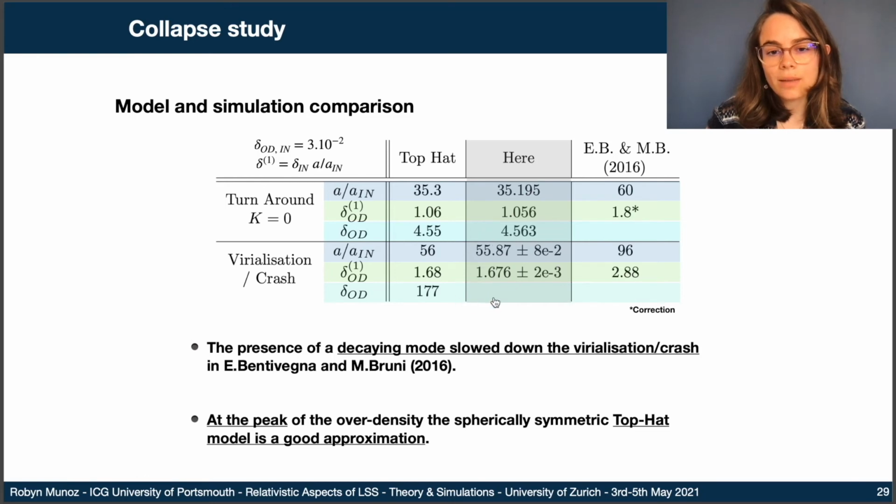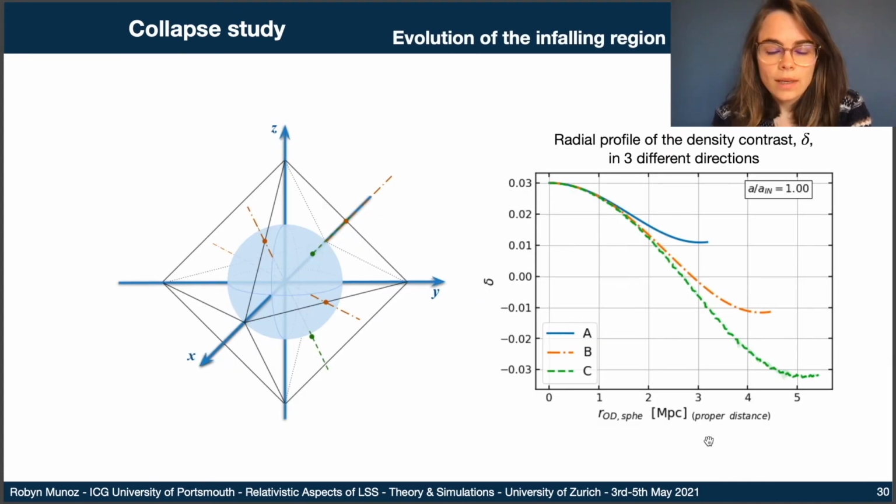We can't say about the collapse, since this is the virialized expectation, and we have a crash there. So we can say that at the peak of the overdensity, the spherically symmetric top hat model is a very good approximation. Now let's look at what is happening around the peak of the overdensity.